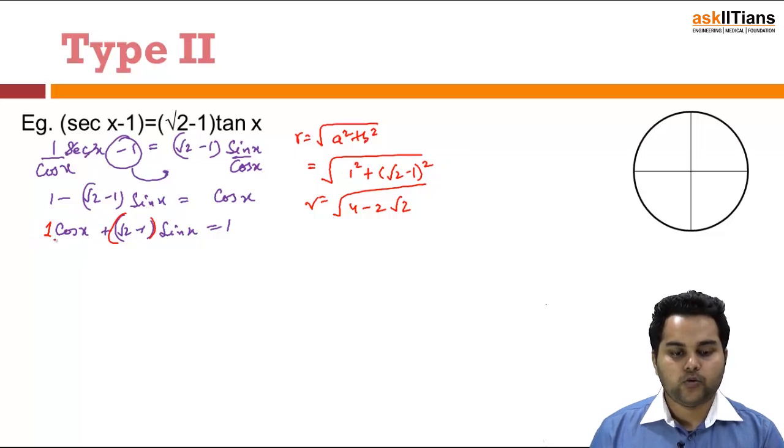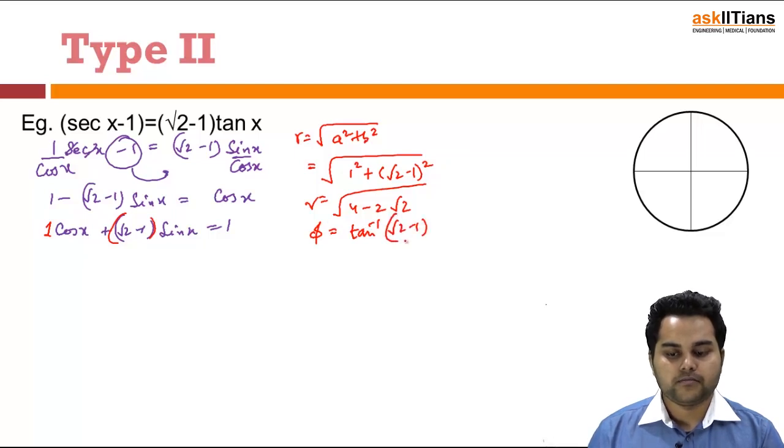So I would write 1 as r cos phi, where phi is tan inverse of b by a, that is root 2 minus 1 over 1.